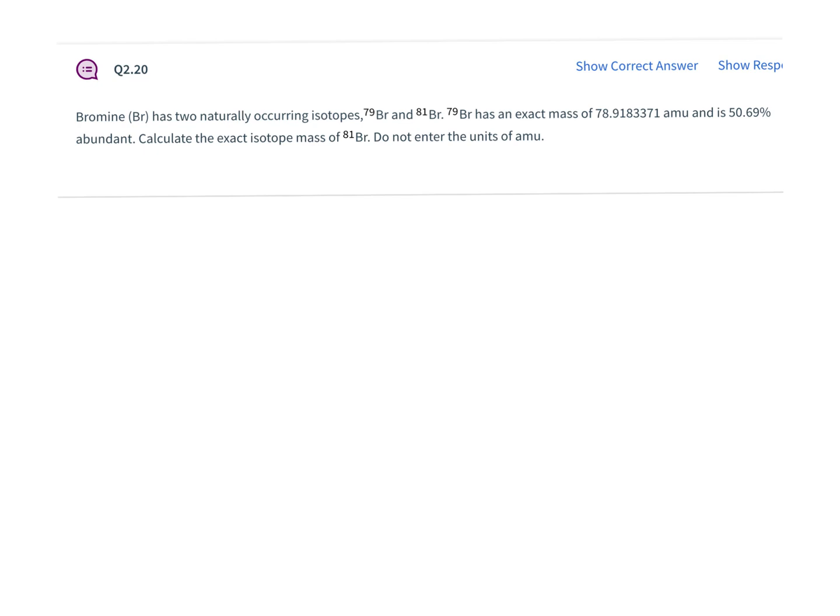One of the things that makes this problem a little bit more challenging is they don't give you the average atomic weight for bromine. So to make our lives a little bit easier, the average atomic weight for bromine is 79.90 AMU.